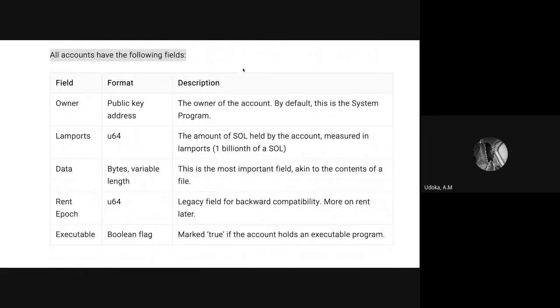These fields include the owner field, the Lamports field, the data field, the rent, and the executability of the account. When you're looking at the owner of an account, it has to be a public key address. It's always the owner of the account. By default, most accounts on Solana are owned by the system program.